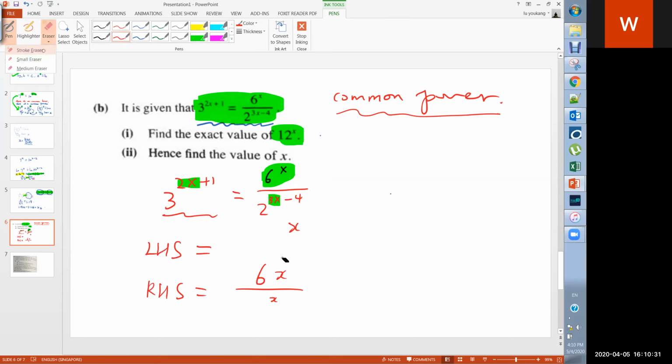Make sense? Mm-hmm. So can you continue from here? Get your left hand side to something to the power x, and then right hand side something to the power x. Can I leave it to you to try? Okay.